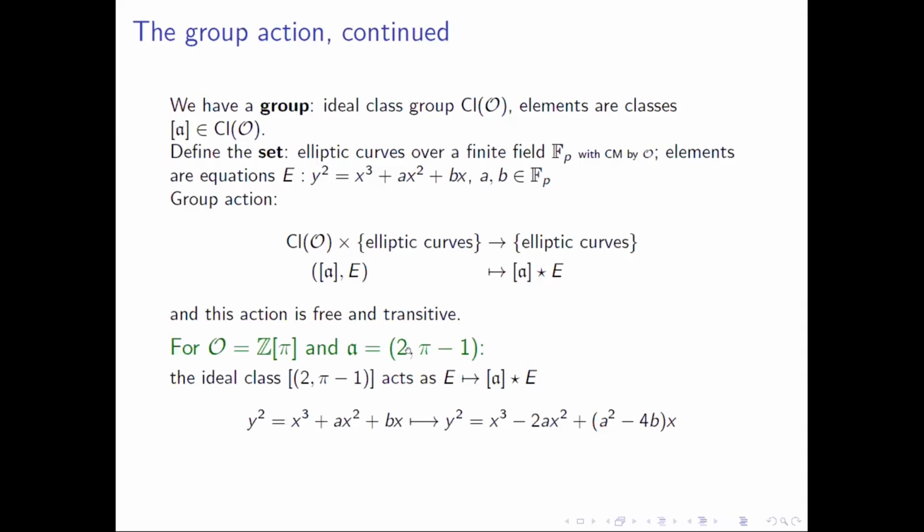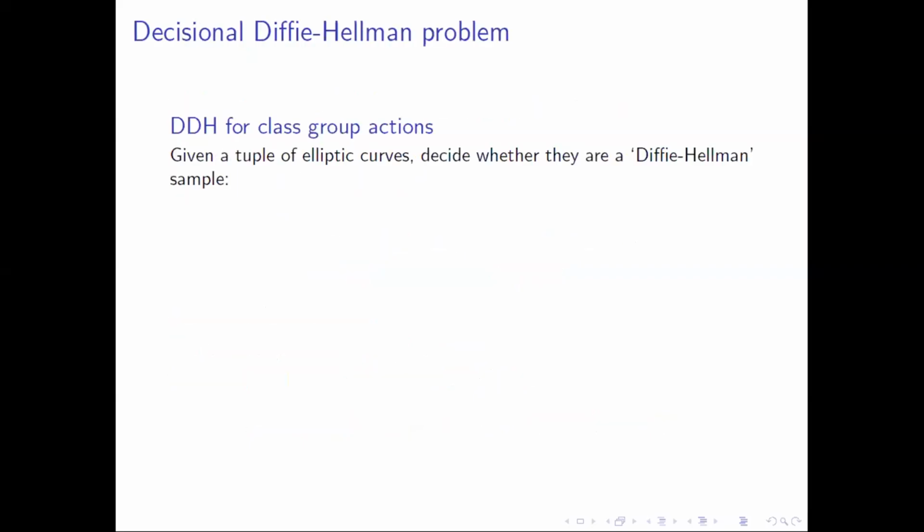The easiest and basically the only thing that I can easily write down is this ideal. You have to trust me that this is the right thing to act by. It takes this equation, y squared is x cubed plus ax squared plus bx, and sends it to another equation, so just from the coefficients of this equation it sends it to an equation with different coefficients. And so this is the basic setup in isogeny-based crypto, group actions.